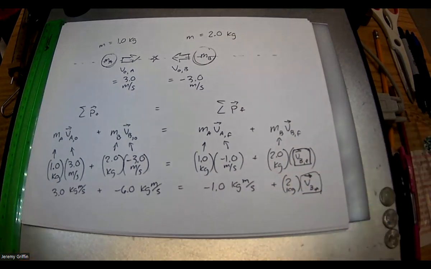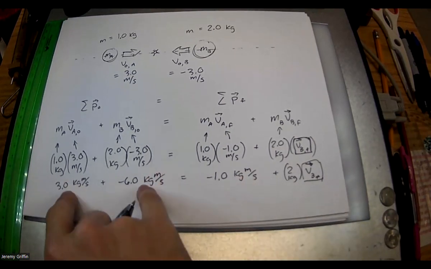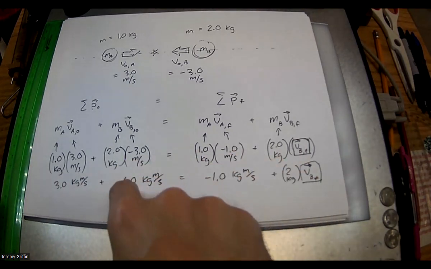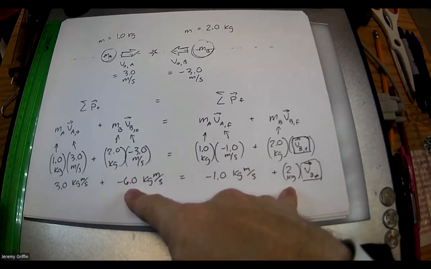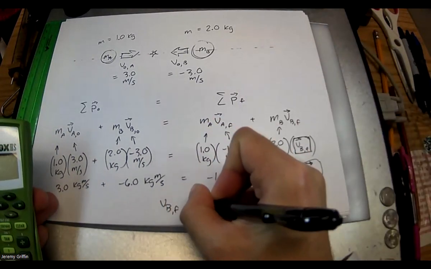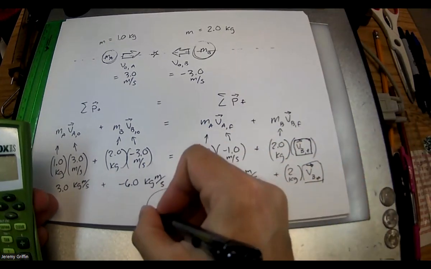All right, I think you guys could do the algebra from there. So 3 minus 6 is -3, plus 1 is -2. Divide by 2 kilograms, you're looking at -1. VBF is -1.0 meter per second.